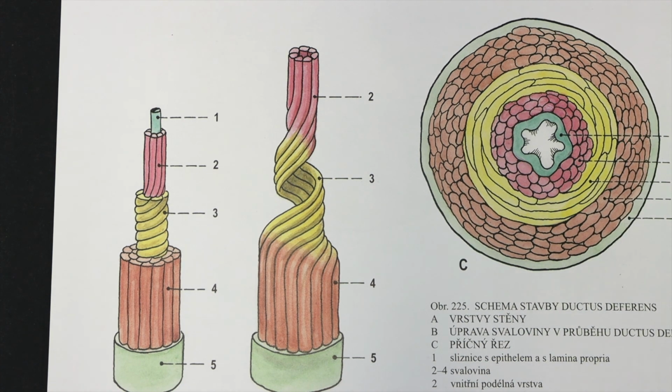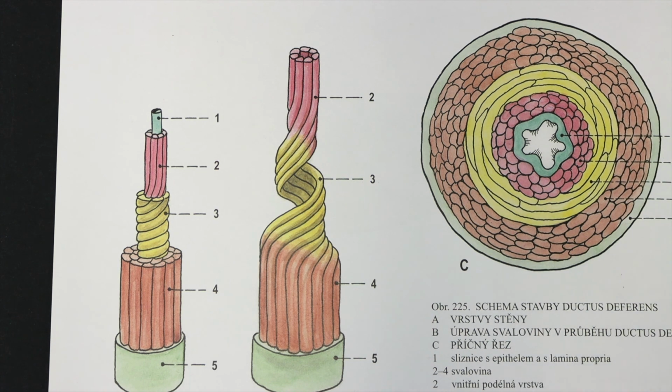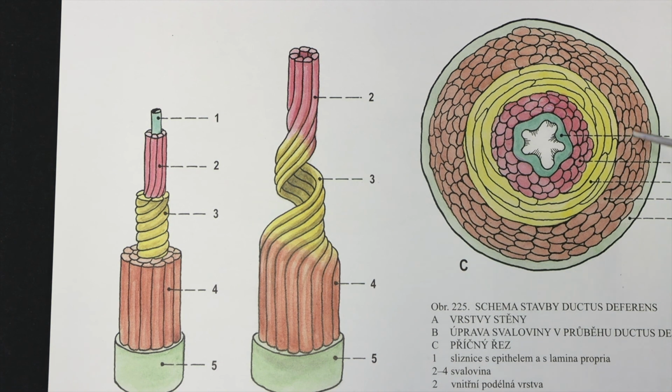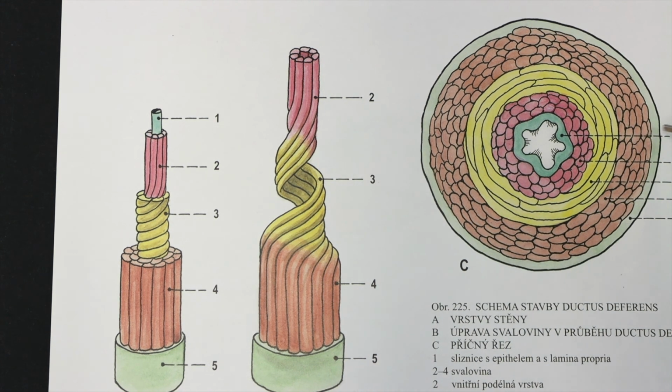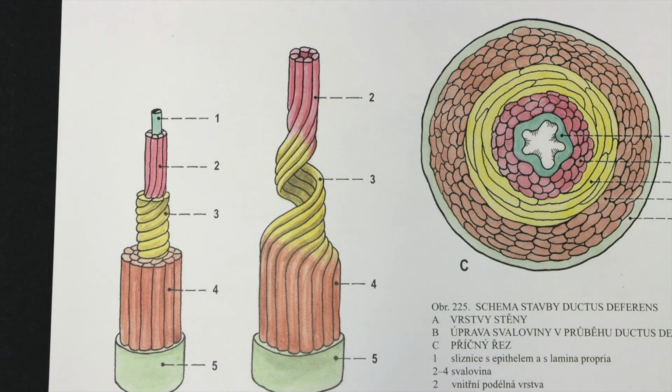The inner and outer layers are longitudinal, and the middle layer is circular. So inner longitudinal, circular, and outer longitudinal, and finally the outer layer is the adventitia, which is the connective tissue covering the ductus deferens.